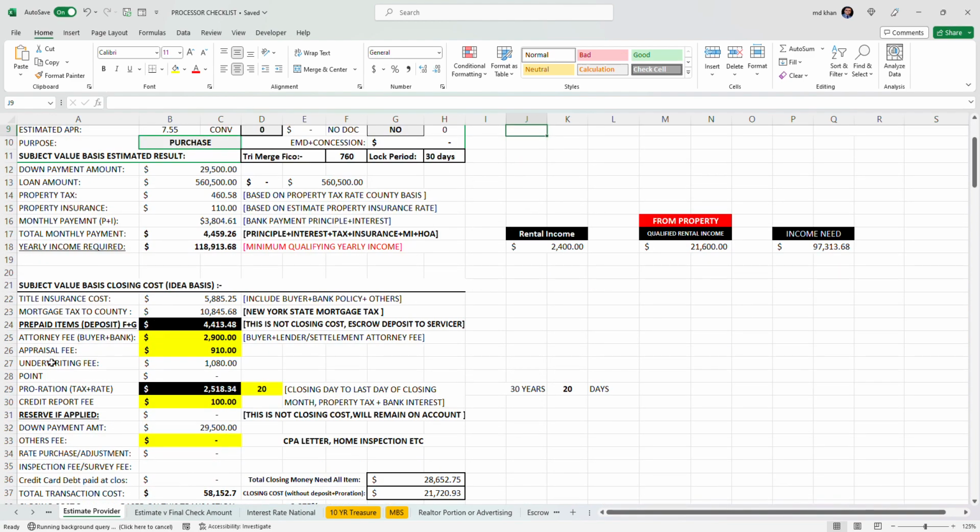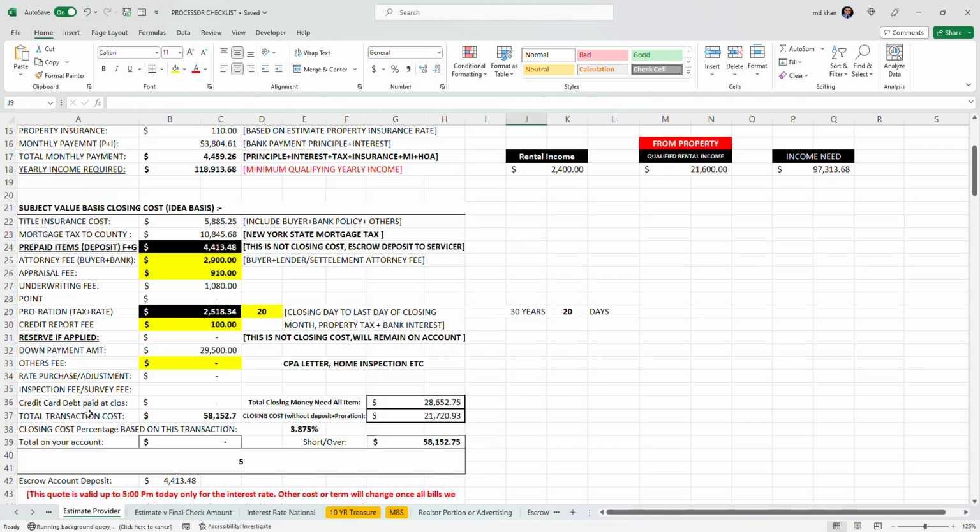You have to pay the mortgage tax, which is part of the bill of the title insurance, and you have to buy the homeowner insurance, and you have to pay for two attorneys, you have to pay for the appraisal, you have to pay for the underwriting fee, and you have to put a reserve if it's two family. Sometimes we need it, sometimes we do not need it, so that's why you see there is no number here.